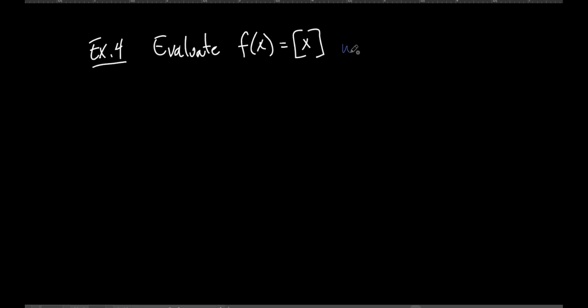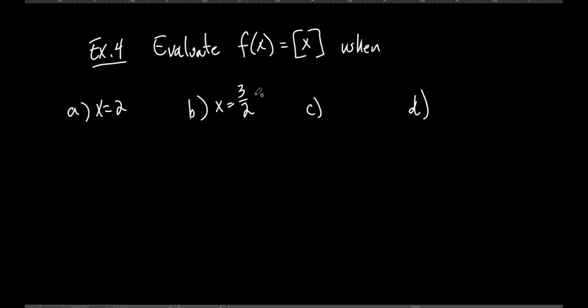When, and they give you 4 different situations, A, B, C, and D, and they say x is 2, x is 3 over 2, x is negative 2 over 3, and x is negative 5. So what are we going to do here?